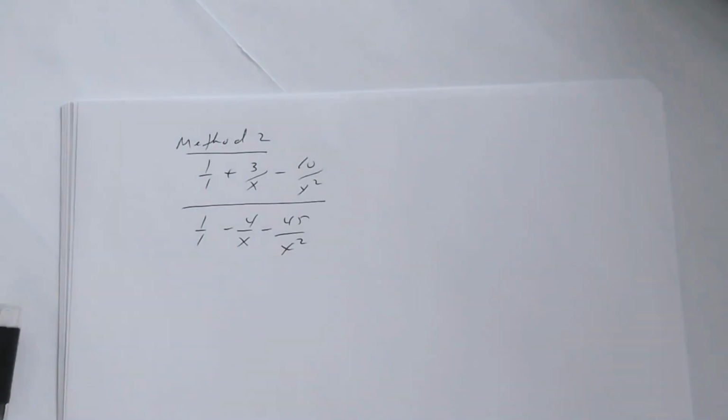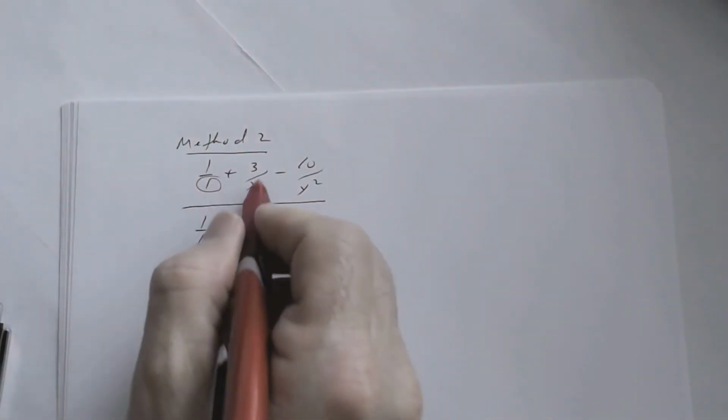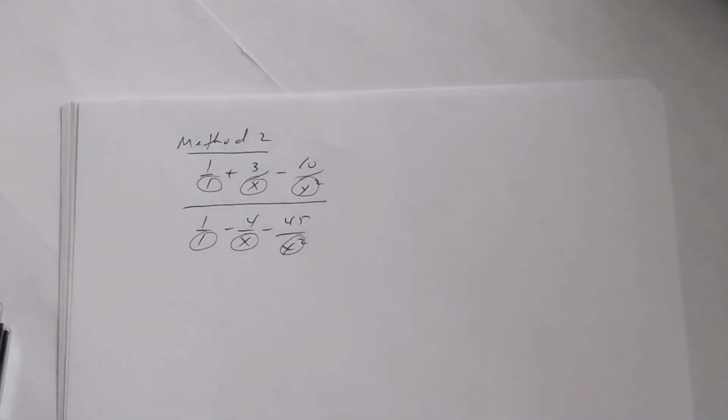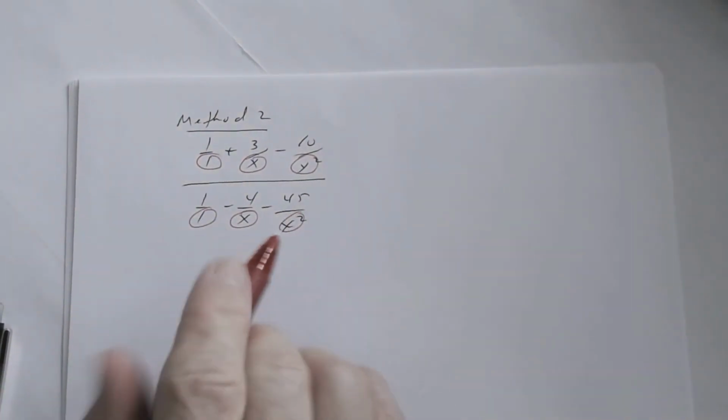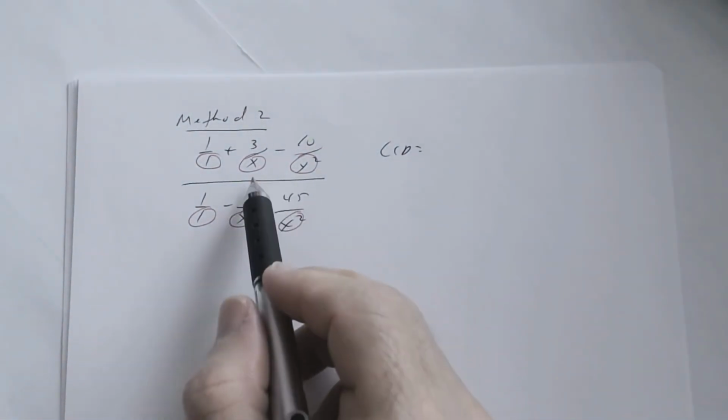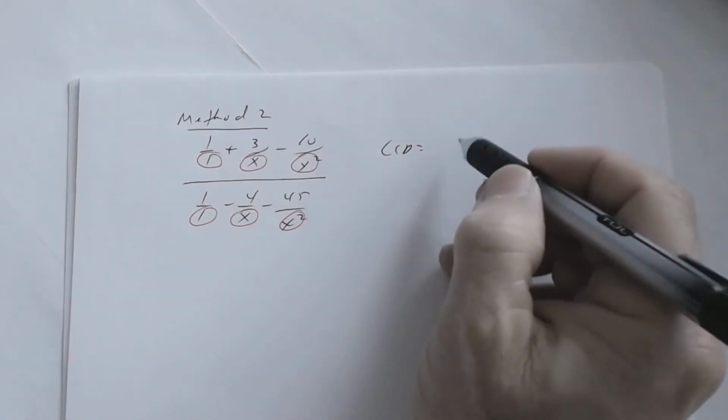So remember, method 2 is where you look at all of your denominators, and those are all factored form. Those are all monomial factors, I should say. And so your least common denominator then looks like it's going to be x squared?